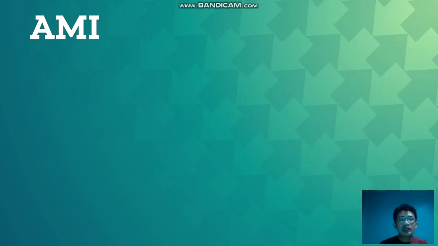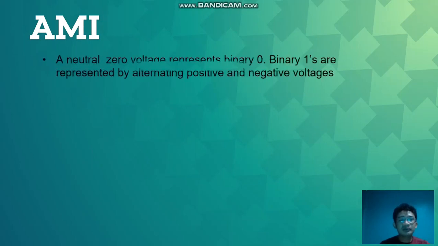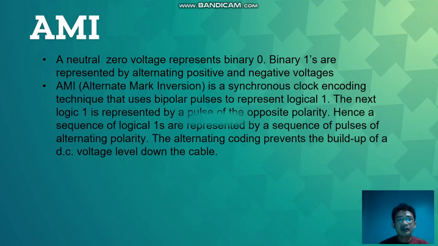AMI, or alternate mark inversion. A neutral 0 voltage represents binary 0. Binary ones are represented by alternating positive and negative voltage. AMI is a synchronized clock encoding technique that uses bipolar pulses to represent the logical 1.